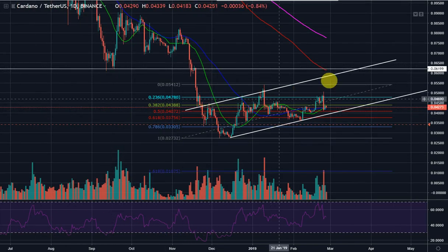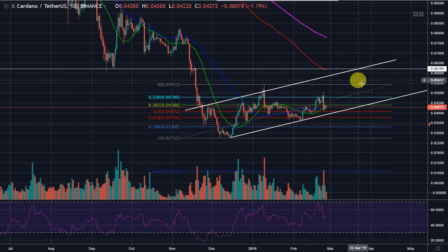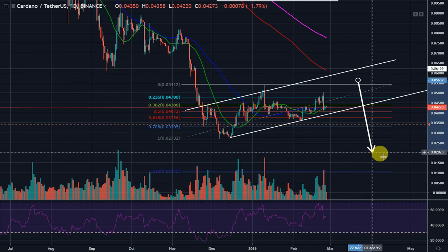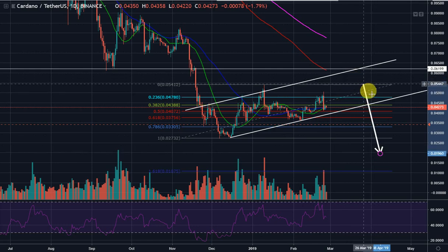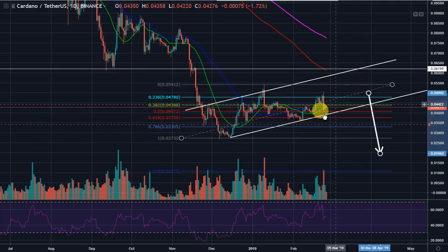We have a rising channel, and what do rising channels do? They break down. So this channel will most likely break down at some point, and that will probably be in accordance with Bitcoin breaking down to new lows.